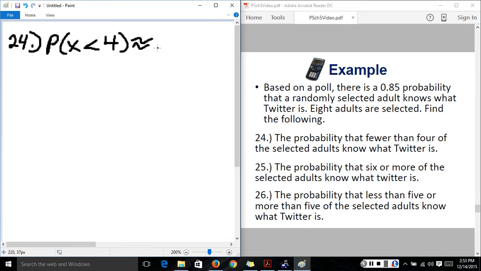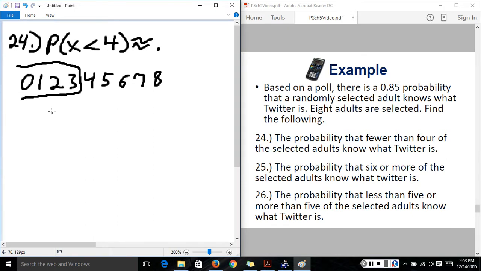Now I'm going to round, so I put my approximately equals in. Fewer than 4. Well, let's think about the different numbers of successes I could have. I could have 0, 1, 2, 3, 4, 5, 6, 7, or 8. And fewer than 4 would be anything from 3 down.